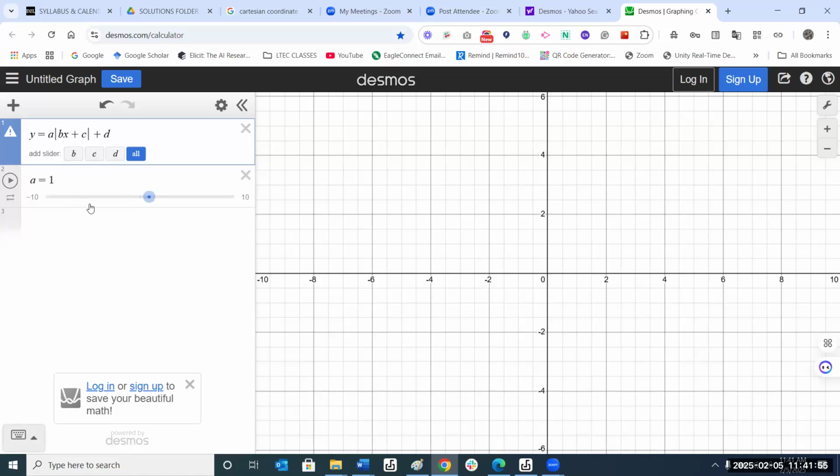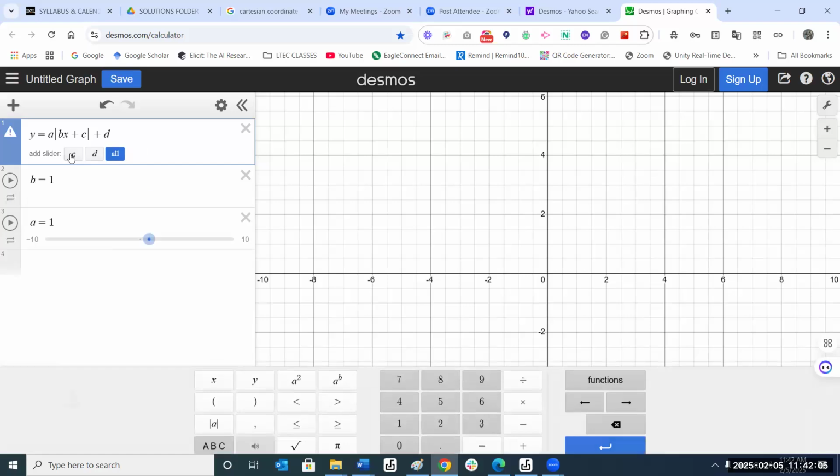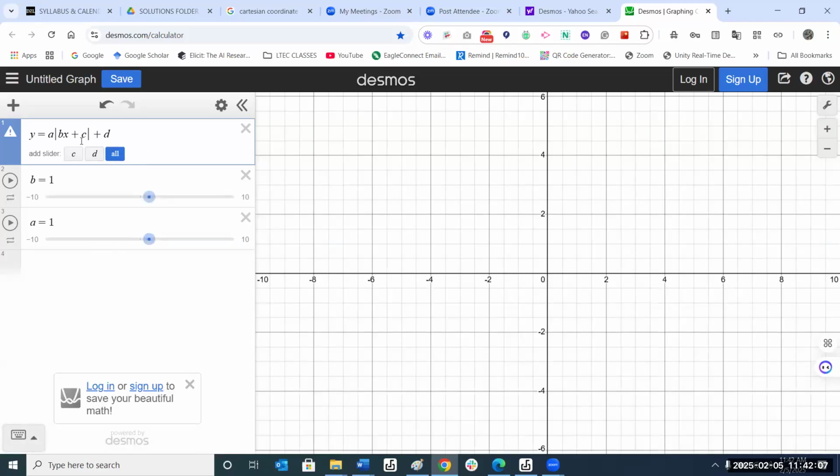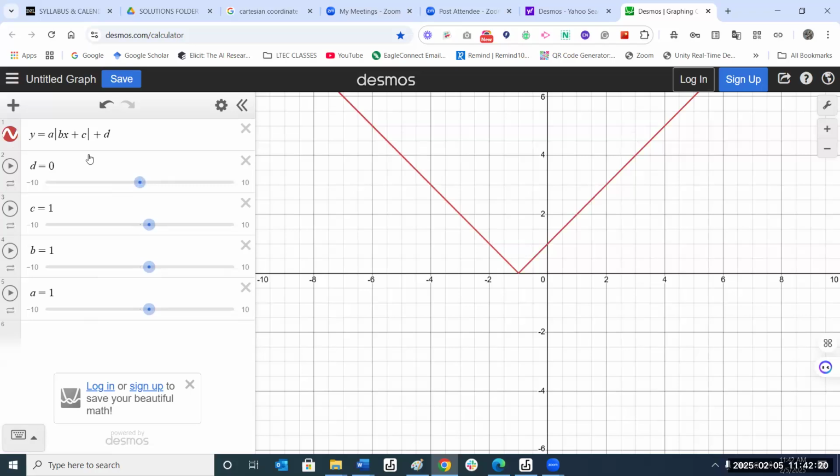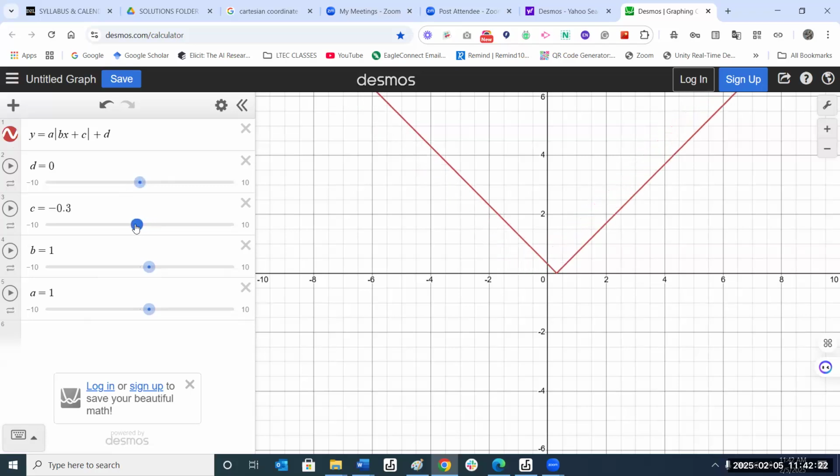Let's make everything equal to 1 right now. There. Well, no, I want D to be 0. And I want C to be 0. So there's our absolute value function.